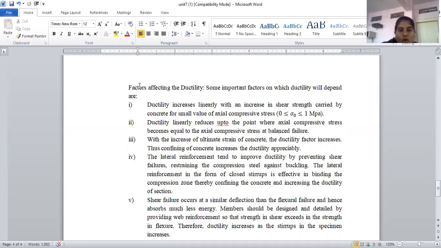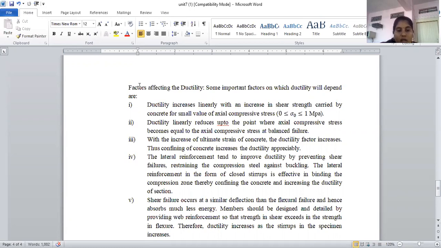First we'll read all these factors. Second, ductility linearly reduces up to the point where axial compressive stress becomes equal to the axial compressive stress at the balanced failure.